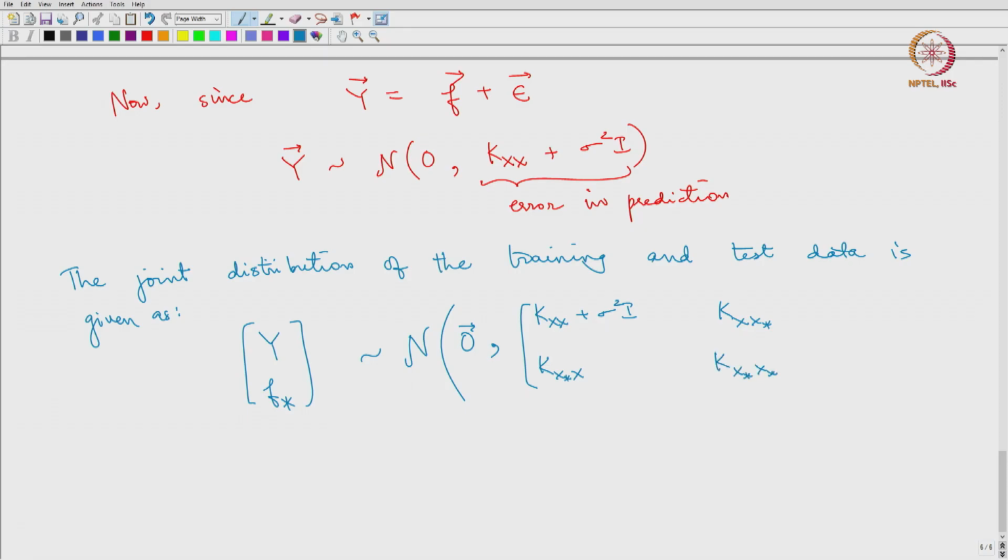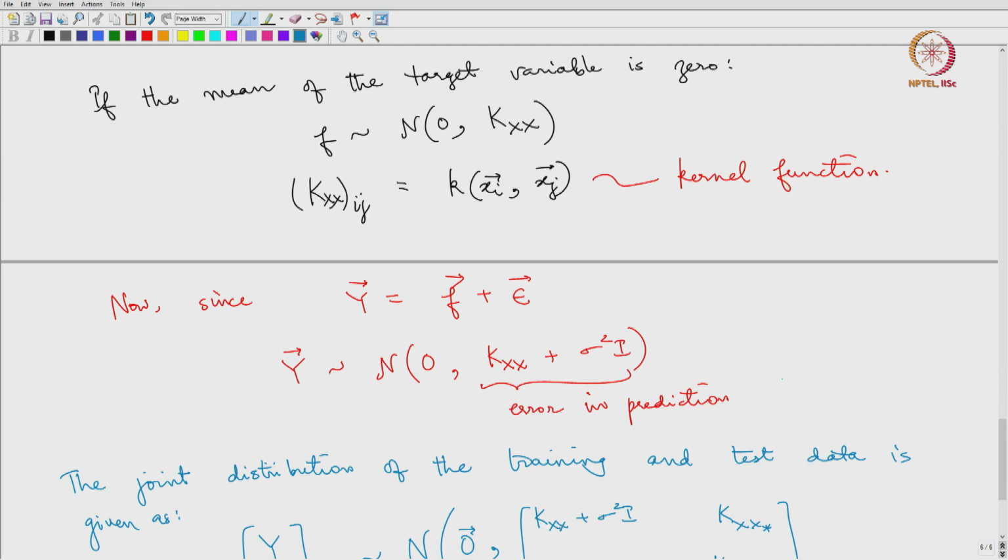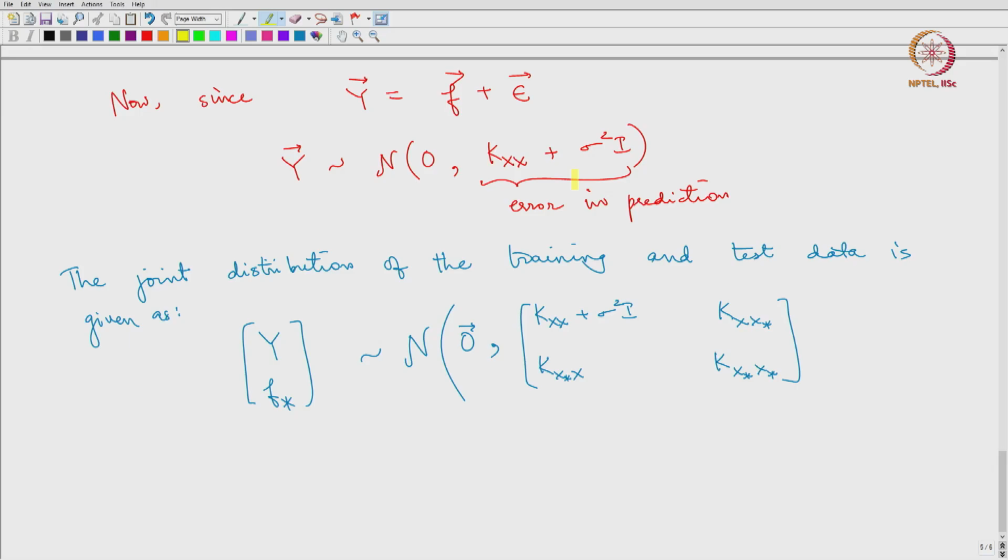So, you know how these k's are computed. They are just computed in this manner here, right, through the use of the kernel function. So, the ijth entry will be the kernel function applied to xi and xj. Okay.